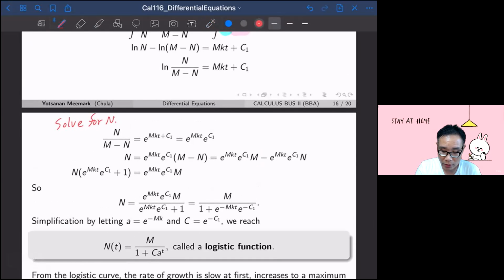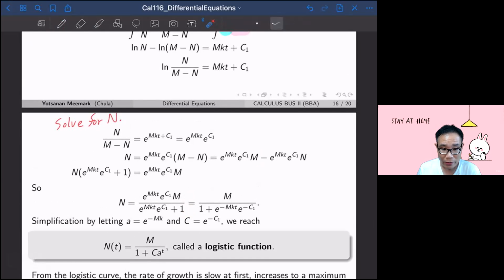So the thing that we did here is, we'd like to solve this equation for N, and you end up with N equal to M e to the Mkt e to the c1 over e to the Mkt e to the c1 plus 1.